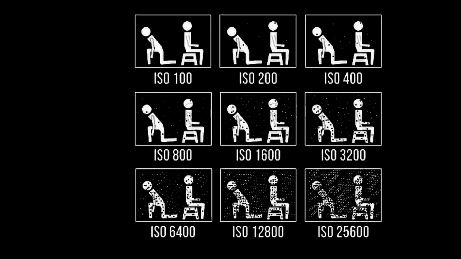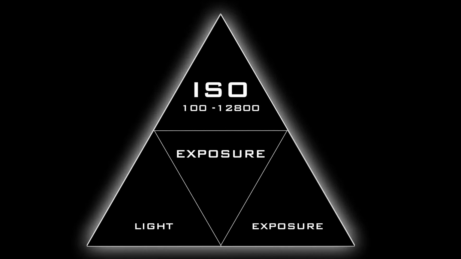On the Mavic 2 Pro, this starts getting visible around ISO 600 to 800, and gets worse the higher the ISO is. The sensitivity on the Mavic 2 Pro can be set to values between ISO 100 and ISO 12,800, depending on which mode you're shooting in.